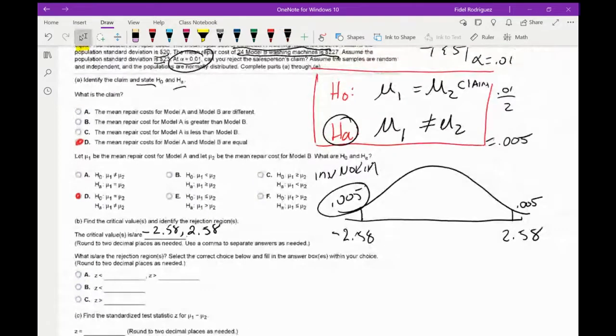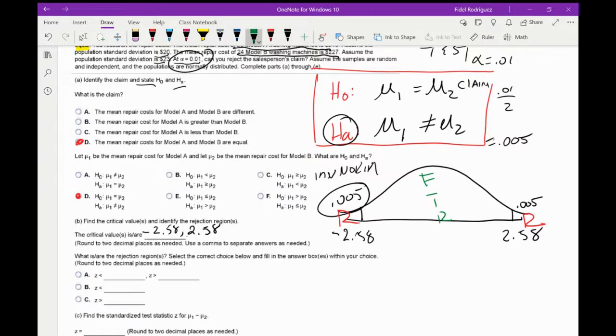So the only difference in this problem and the one that Gilbert asked me a little while ago was that it gave me an option, and one of them was plus or minus. So I chose that one, right? If this one had a plus or minus, I would have done the same thing. Now, guys, just to give you a heads up, remember, these are my rejection regions, and this is my fail to reject region.